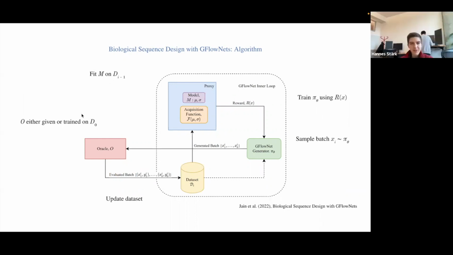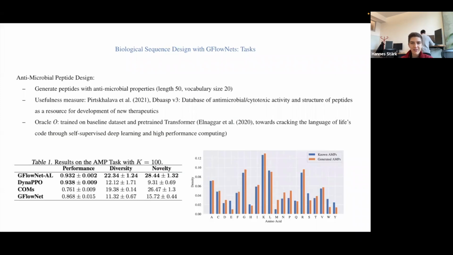Yeah, in the beginning we train our reward function on this data set that you have of antimicrobial activity. The oracle, not... Okay. Yeah, so the oracle gives you the goodness value, and the reward function is expected goodness plus uncertainty.